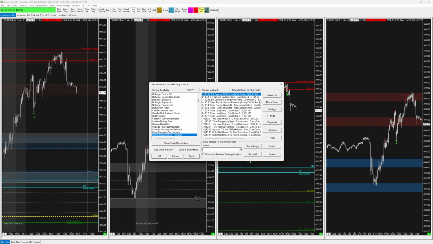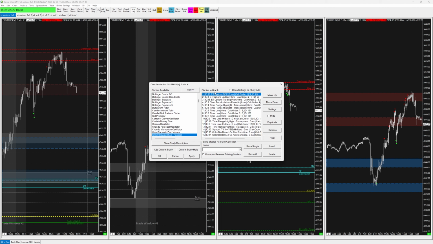So the GEX, ladder, and trading plan, because if you mix the position of these indicators, you will get some errors in the sense that some lines are not going to be visible, and they are covered by the other indicators.